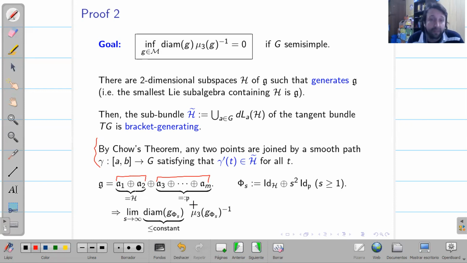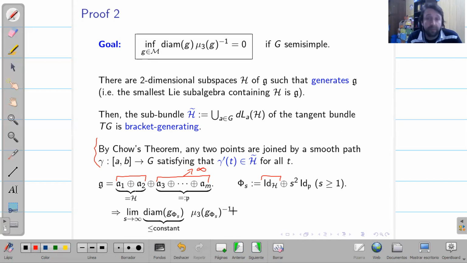So the diameter, even if this goes to infinity, it doesn't matter because it stays in H. So you have a positive upper bound for this diameter using horizontal curves. Horizontal means that the velocity vector always stays in H. Okay, so this is bounded by some constant.